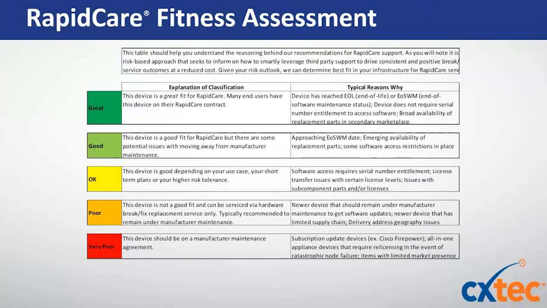They put it under maintenance. They say we're just going to forego the software updates, and we're just going to run this thing. We're going to get rid of it in a year, but we don't want to pay the high price of SmartNet on it, which is fine. That's fair. As long as the buyer understands the risk, we're happy with that, right? Because we do not want to expose you to risk, and that's what this whole RapidCare Fitness Assessment does.